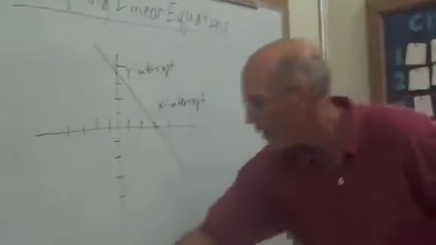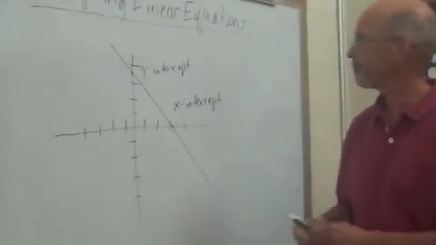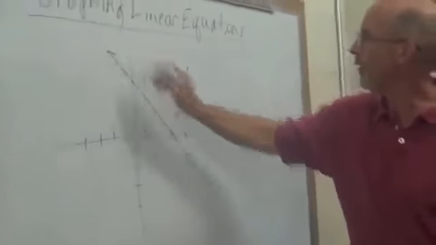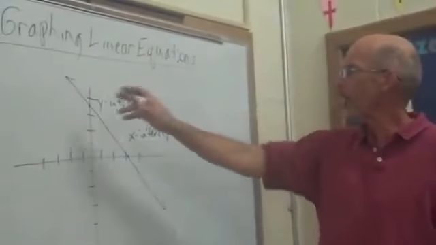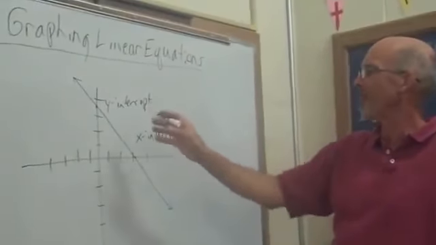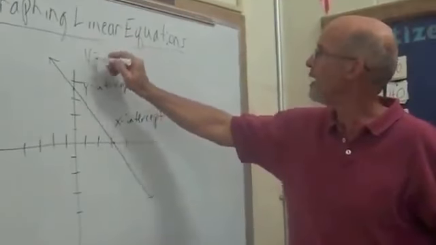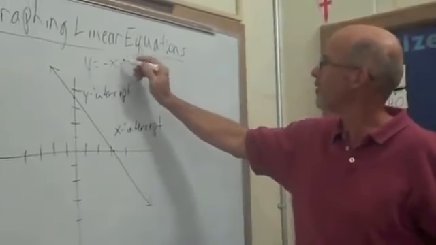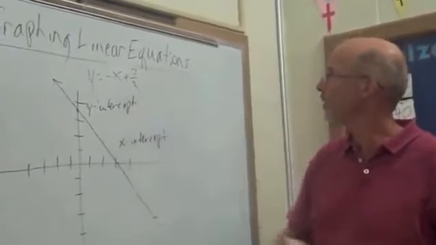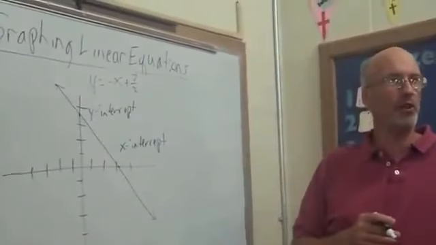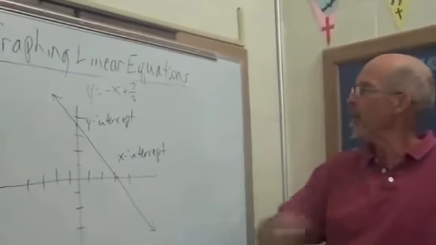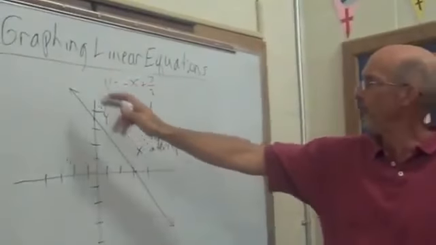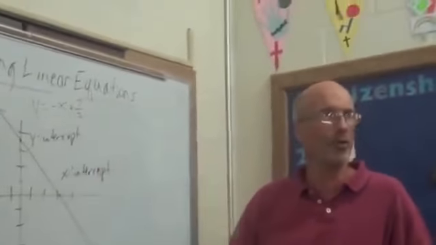Now, maybe I should start with, why do we graph at all? Why is there this graph? This line is kind of complicated. It might be something like y equals the opposite of x plus 7/2. Let's just pretend it was that. Now, let me ask you, how many x and y's could make this equation true?